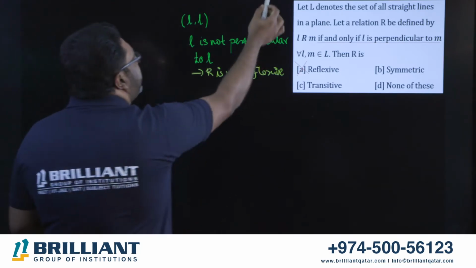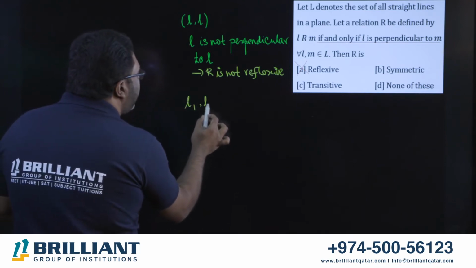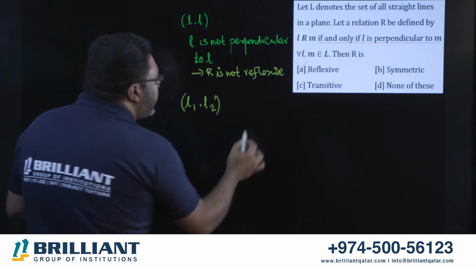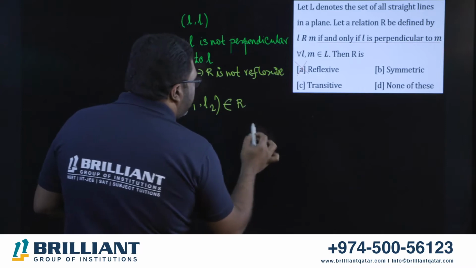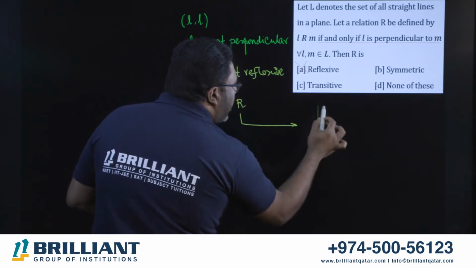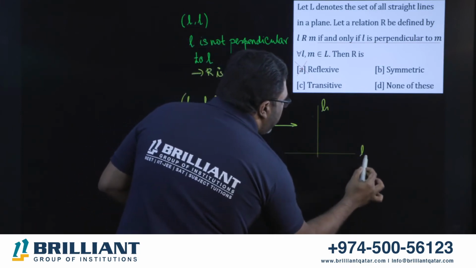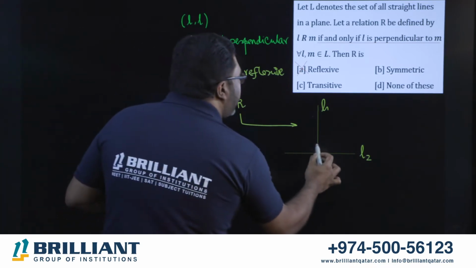For a symmetric pair, it should be two lines, the first line and the second line, L1 comma L2. So you can just say that L1 comma L2 belongs to R. Then you can diagrammatically represent that as L1 is a line which is perpendicular to L2, another line.